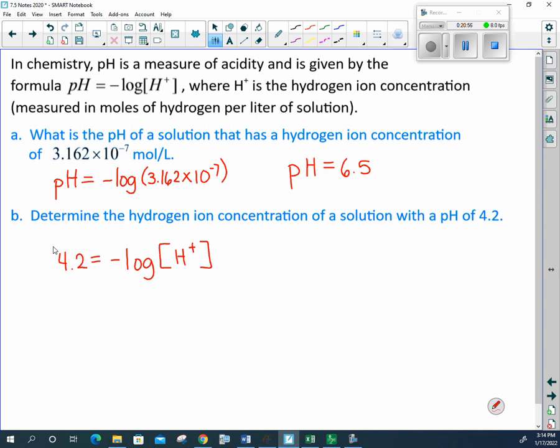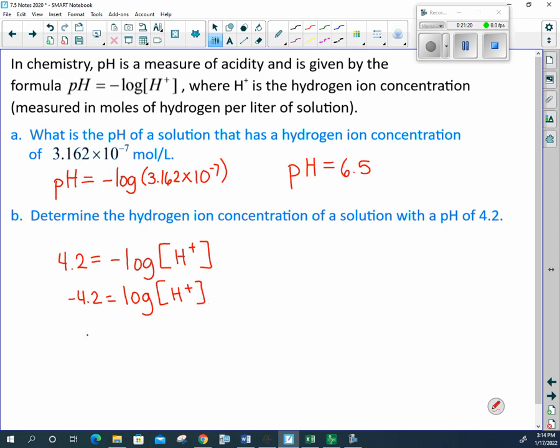Log, remember, is base 10. So 10 to the 4.2 power, oh, wait a minute. What about the negative sign? Let's divide by the negative 1 first. Let's do all of our algebra that we can first. So this is going to be a negative 4.2 equals log of our hydrogen ion concentration.